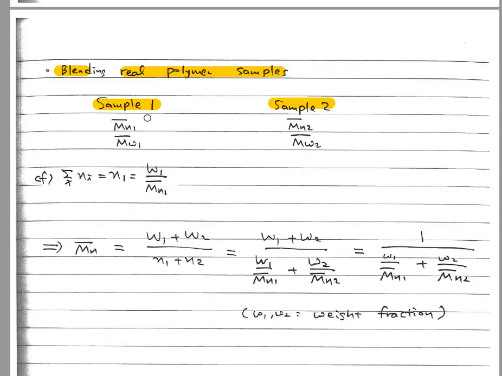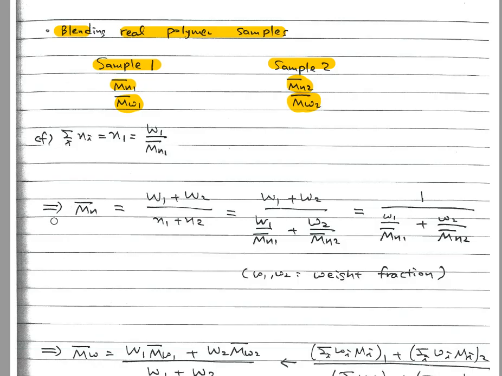And sample number 1 has number average molecular weight of Mn1 and weight average molecular weight of Mw1. Similarly, sample number 2 has number average molecular weight of Mn2 and weight average molecular weight of Mw2. Okay. And we want to calculate the number average molecular weight and weight average molecular weight of this blend.